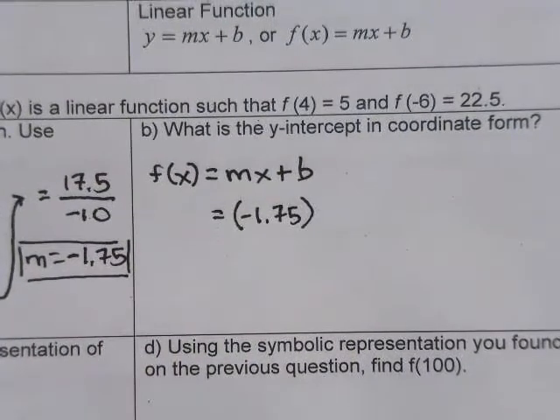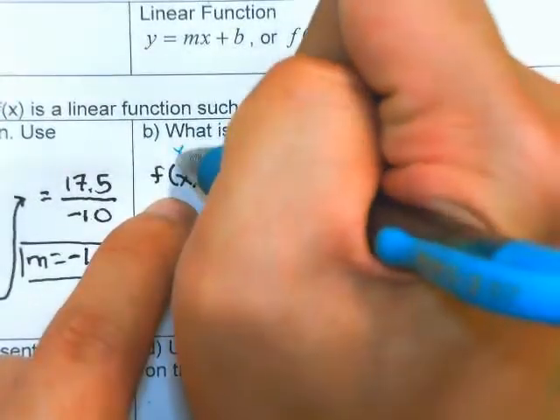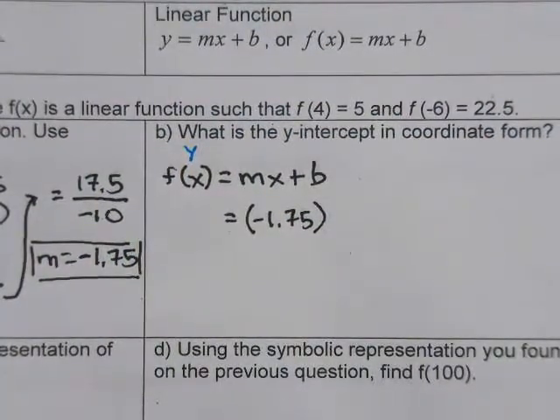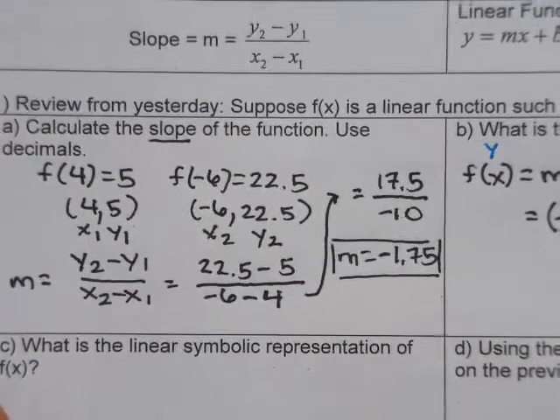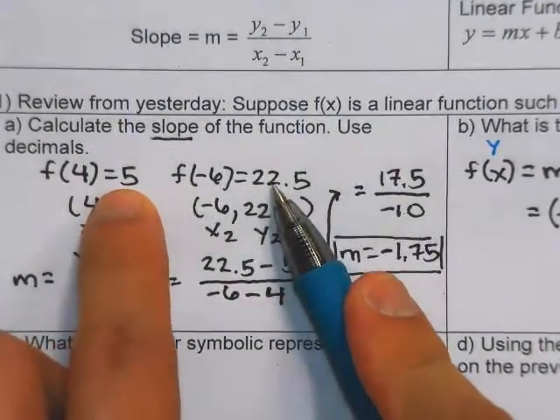We already know our slope, which is negative 1.75, and then I'm going to plug that in. Your f of x is your y value. So I'm just going to put a y over here just so that you guys know that's the y value. Well, we have 2 choices for our y values. The first one that says something, I'll pick that.